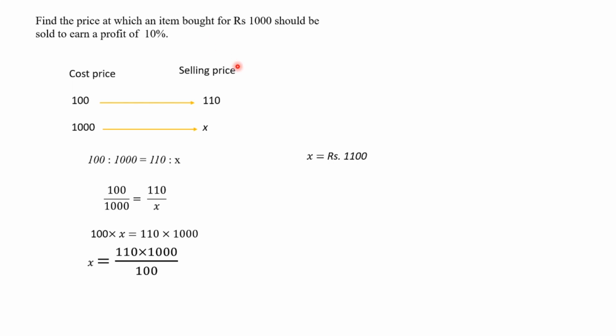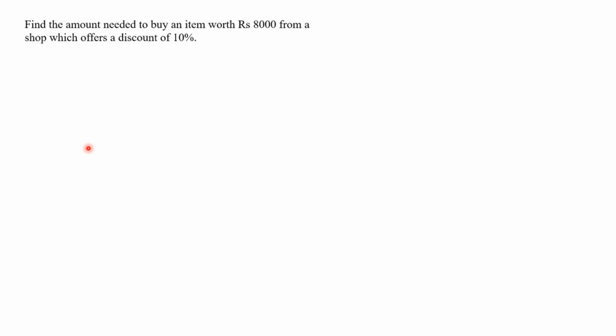So I think in this lesson you have done the fourth one, profit percentage. You can easily solve it using direct proportion. Now I am going to explain another example. Find the amount needed for an item worth 800 from a shop which offers a discount of 10%.